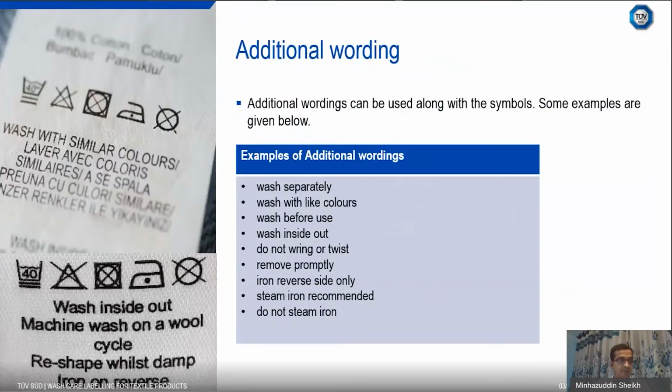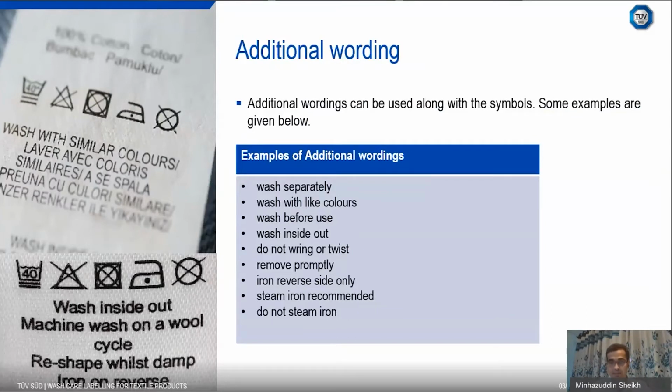Besides these five symbols, any additional wording can be used to inform customers of any special instructions or warnings that are necessary for the particular product, like wash separately. That means if a garment has a dark color, and it is washed with other light color garments, it could stain the other garments.